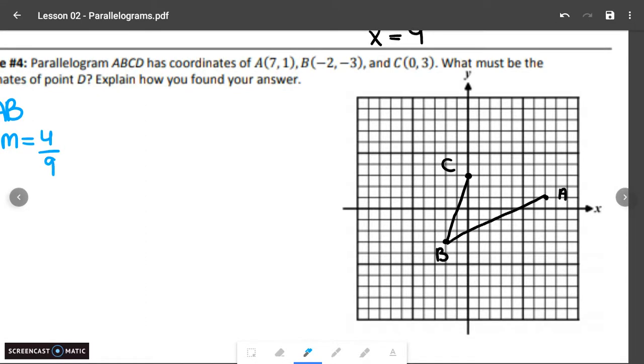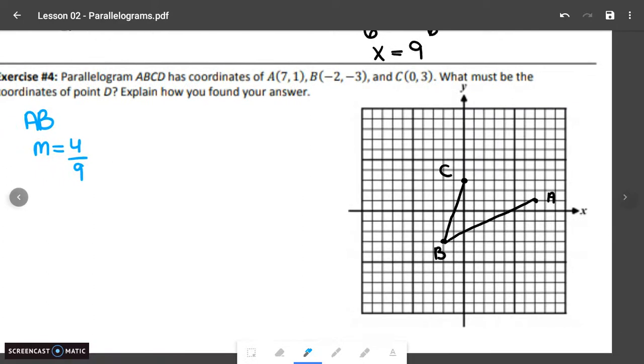So up 4 over 9. That means if opposite sides are parallel, the same slope would have to be true for CD. So I know that CD has the same slope. So I'm going to count from C now, up 4 over 9. And that's going to be our point.